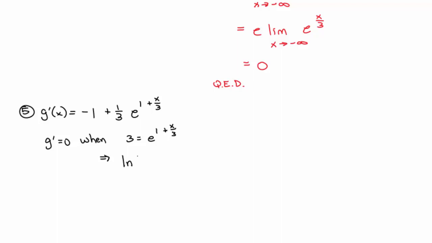So natural log of 3 is equal to (1 plus x) over 3. Subtract 1, so that will imply that we have natural log of 3 minus 1. And might as well just multiply everything by 3. So I know that my derivative is 0 at that point, whatever that point is.